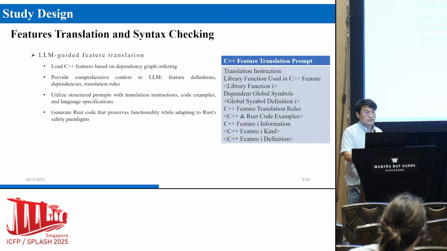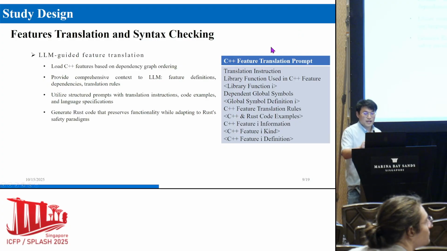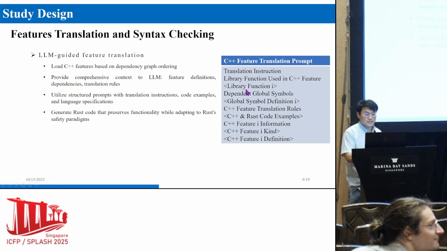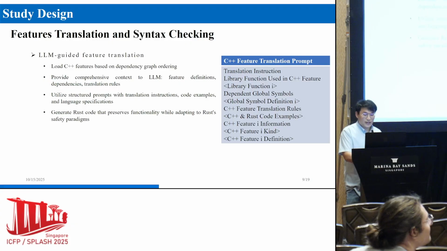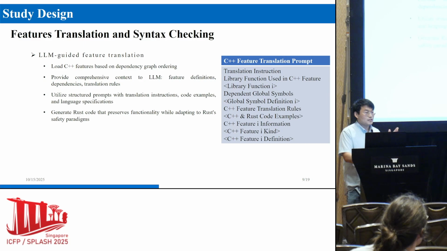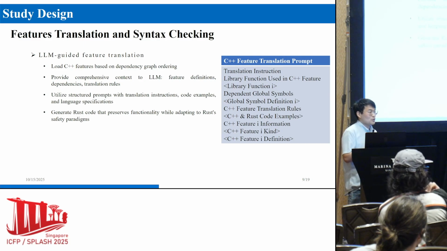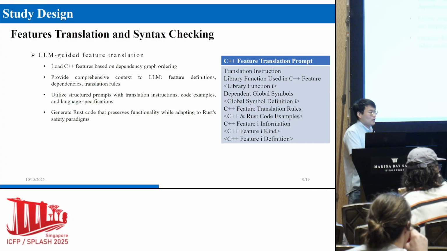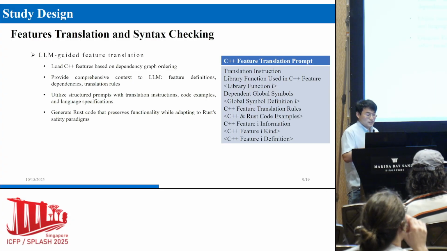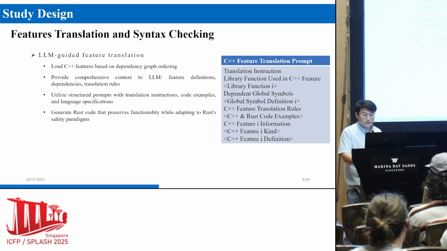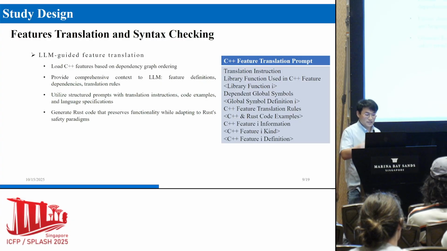We construct a structured translator prompt, such as the translation instruction, the libraries, the dependent global symbols, the feature definitions, and some examples. Yes, we need to tell the LLM how to translate a C++ macro to a Rust macro with code examples.